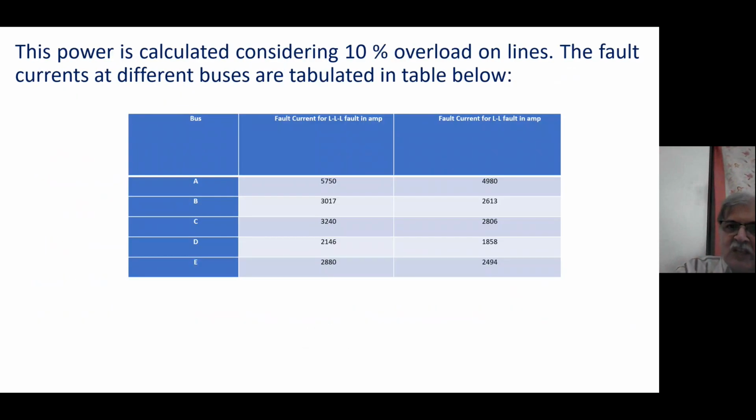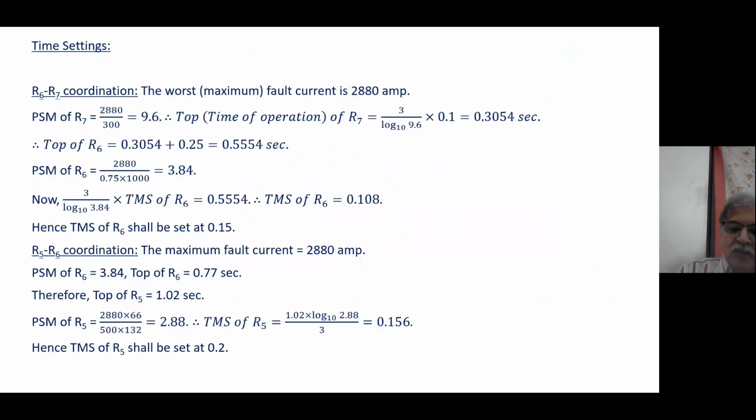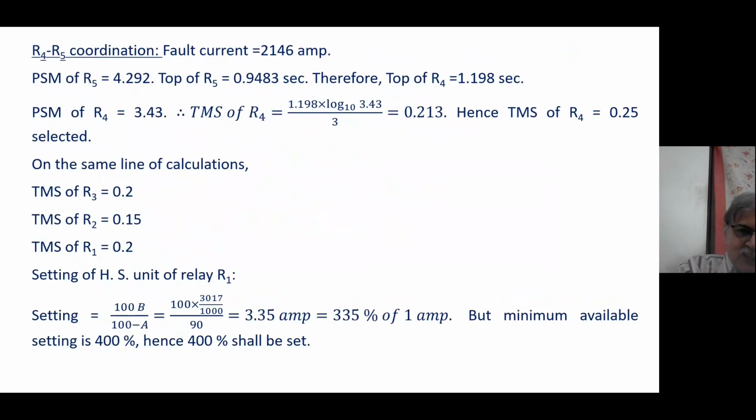Fault at bus B in secondary term, 3017 ampere. 3017, my dear friends, you have to take in secondary, 1000. So 3017 upon 1000, 3.017 into 100. A is percentage overreach of the relay R1, which is given to be 10%.